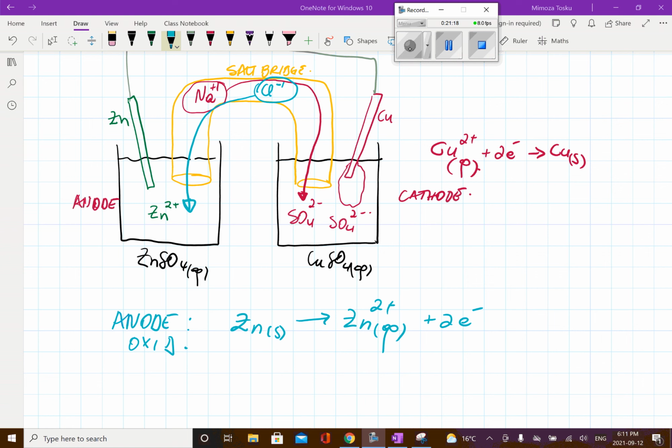So this is the principle of a voltaic cell, its parts, how we write a voltaic cell, starting with the anode and moving to the cathode, and what the motion is. We'll do another video where we will talk more about voltaic cells.